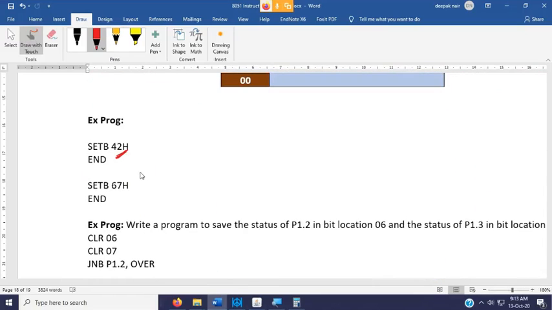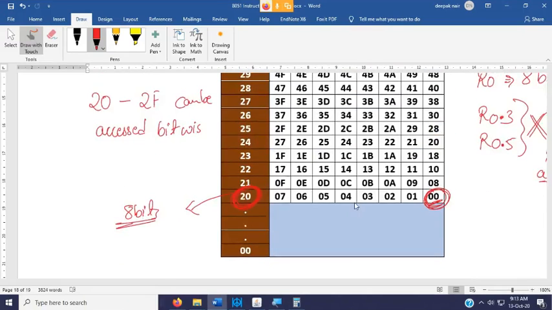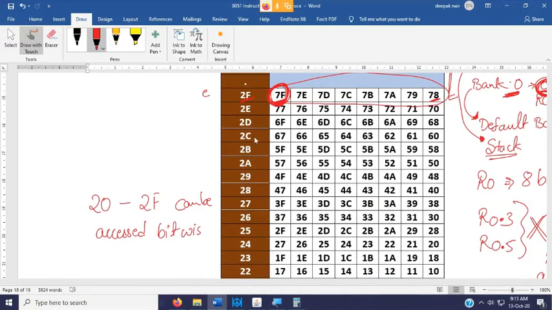Because 42 is not a register, and neither is it a memory location directly. So it will go to 42, which is here, and individually you can set that particular bit.